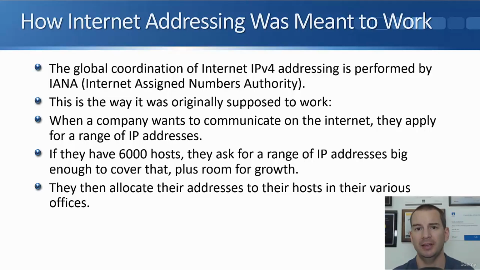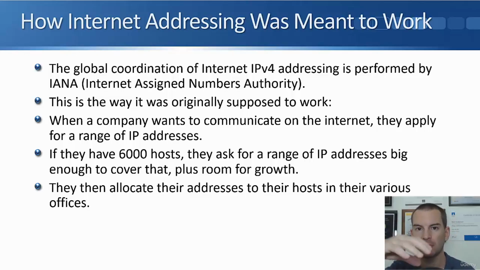So the original way that IPv4 addressing was meant to work, when a company wanted to communicate on the internet, they would apply for a range of IP addresses. Now, the global assignment of IP addresses is handled by IANA. That stands for the Internet Assigned Numbers Authority. So they are up at the top level looking at it from a global point of view.